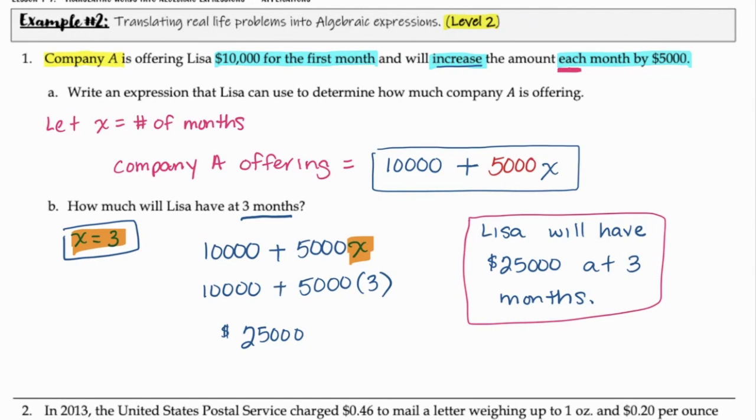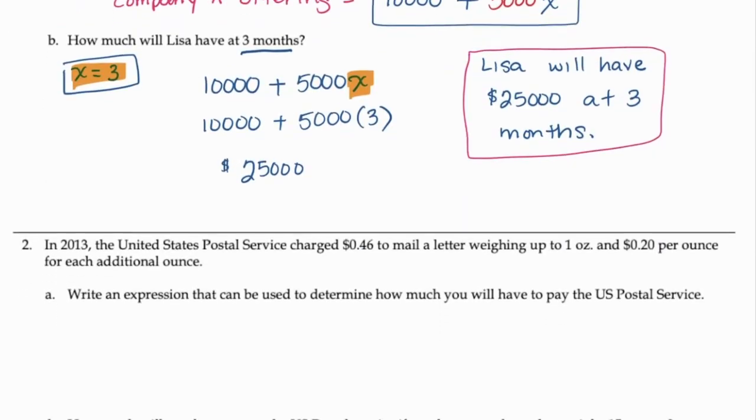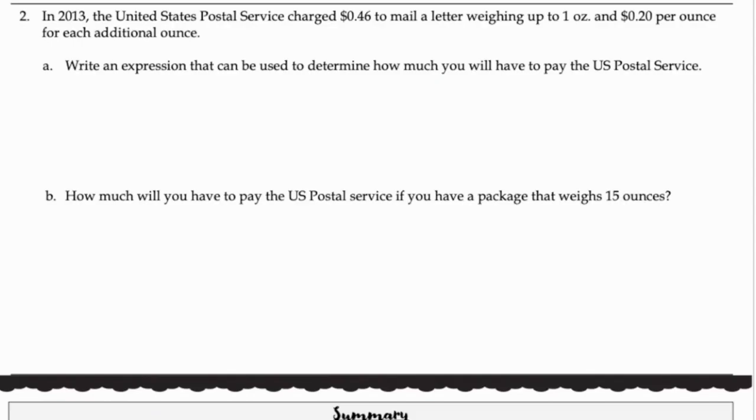Let's take a look at the next question. So that one wasn't that bad. For number 2, in 2013, the United States Postal Service charged 46 cents to mail a letter weighing up to 1 ounce and 20 cents per ounce for each additional ounce. So I see the word per, I actually even see the word each, so I kind of already know that's my let statement.